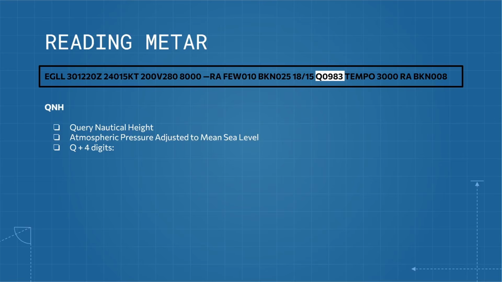Q indicates that the 4-digit value of pressure is given in the unit hectopascals. So in our example, the QNH is 983 hectopascals. A stands for altimeter, and it is a different unit, mainly used in the US. If A plus 4 digits is used, then the 4-digit reading is given with the unit inches of mercury.